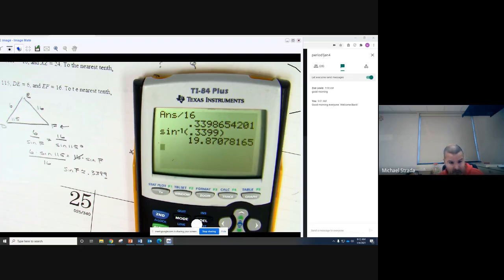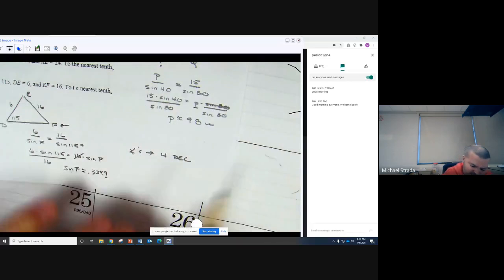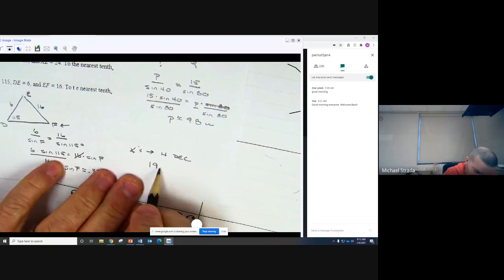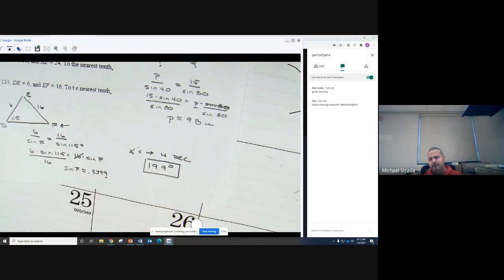I follow my directions, and directions said to round to the nearest tenth. So I look at the tenth place, the number after it's greater than 5. So my final answer would be 19.9 degrees. So that's how you find a missing angle using law of sines.